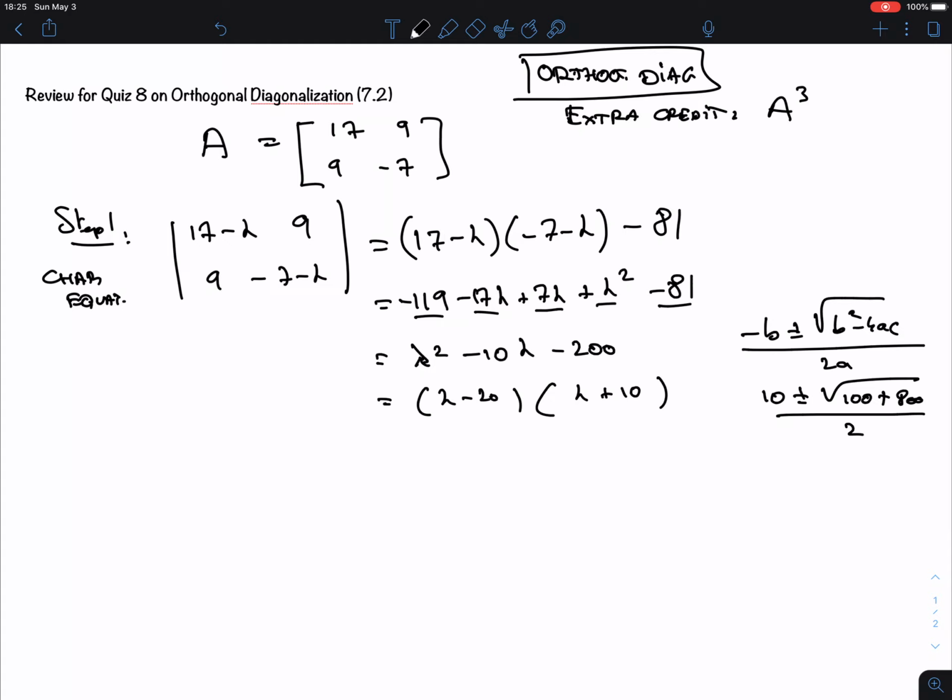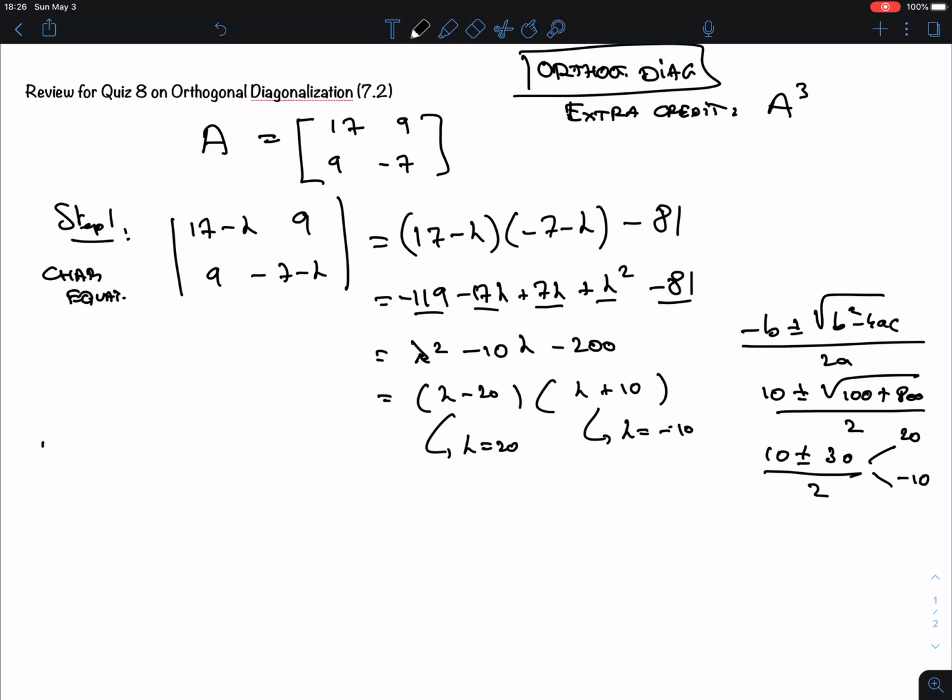Now that is 10 plus minus the square root of 900, which is 30, divided by 2, so you find two possibilities. 40 divided by 2 is 20, and 10 minus 30 divided by 2 is minus 10. So that's what we got here. Lambda is 20, lambda is minus 10.